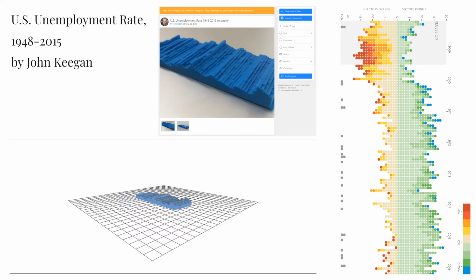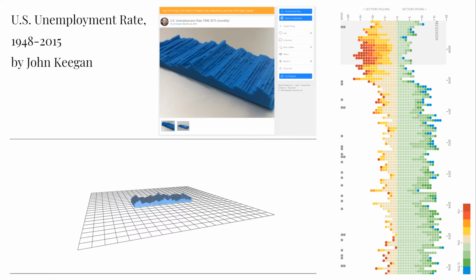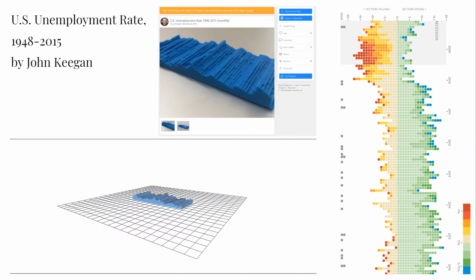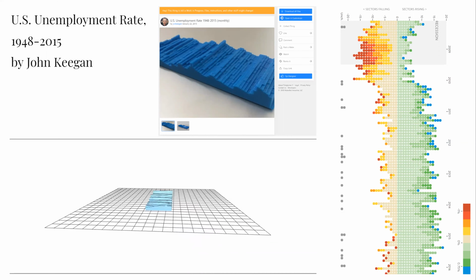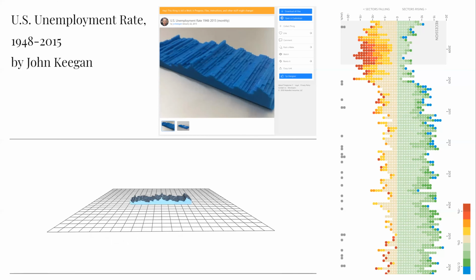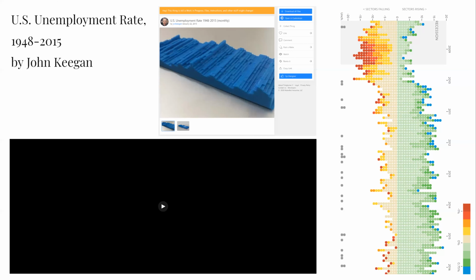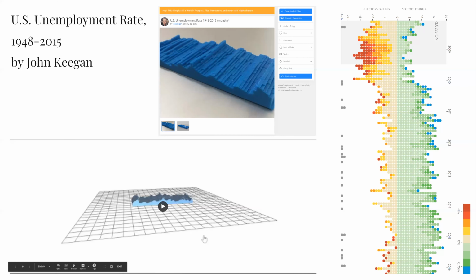So he took that data, extruded it out 60 odd more years, and modeled it as a 3D form. As a form, it's not particularly interesting, but what it does that you can't do with a graph is that you can pick it up and see the different heights, the different conditions. He's uploaded this to Thingiverse, which is the way you'll all be presenting your assignment.